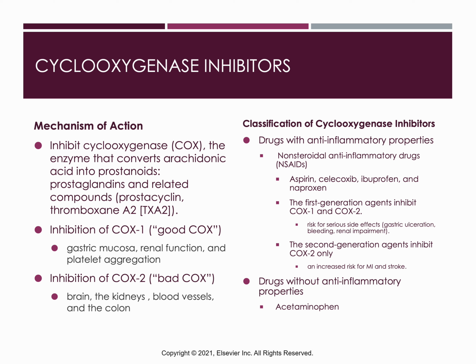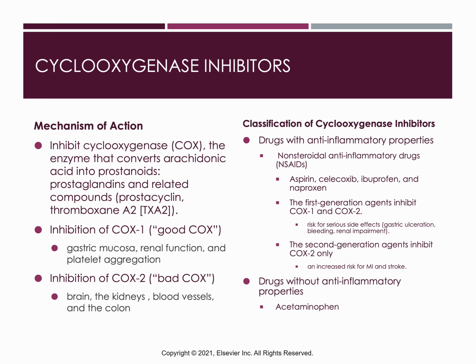So the enzyme that converts COX into a compound that could cause inflammation and pain, this enzyme converts to arachidonic acid and then into prostanoids, prostaglandins, and other related compounds like prostacyclin and thromboxane A2.